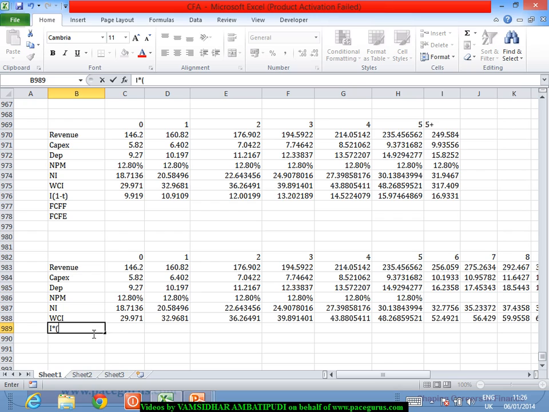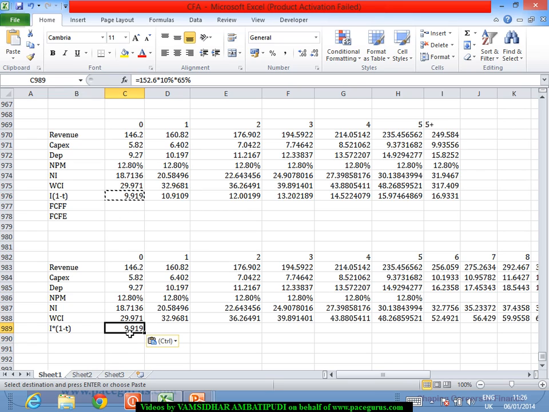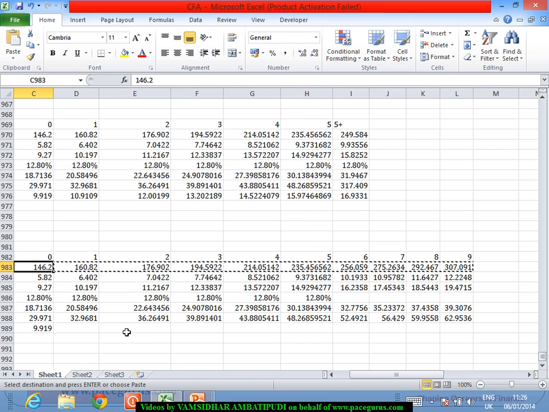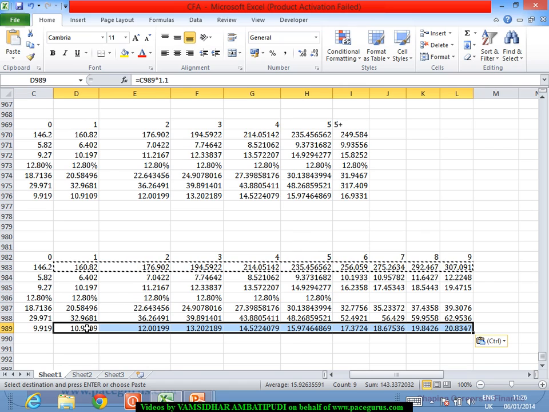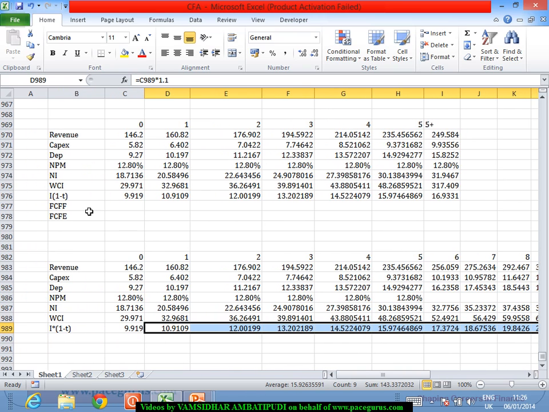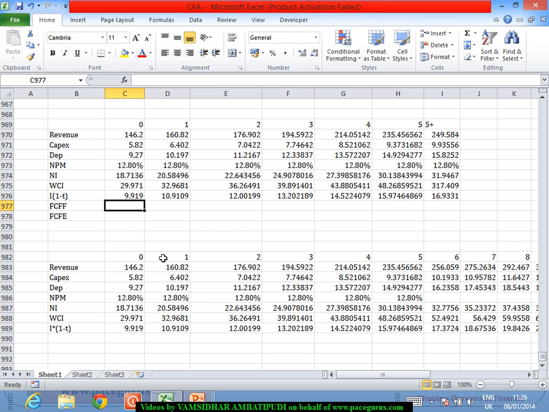Interest into 1 minus T, the same way I will continue for the first year, and from each of the years onwards I will take it in the same way that is expected by both the analysts. Okay, so now at least I should be ready in terms of computing the FCFF.